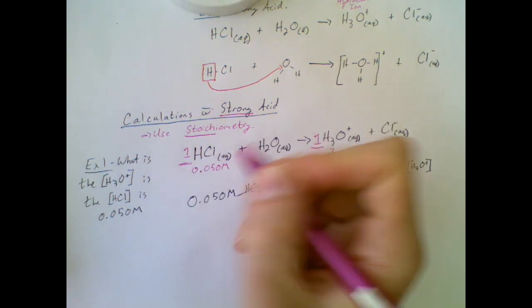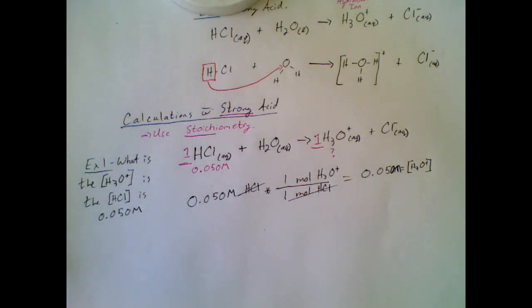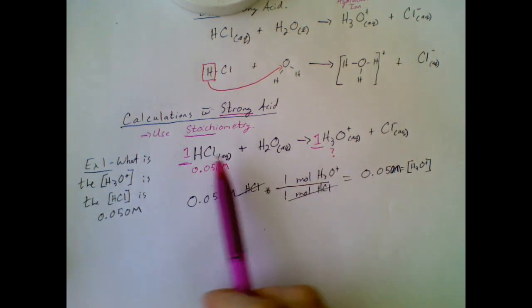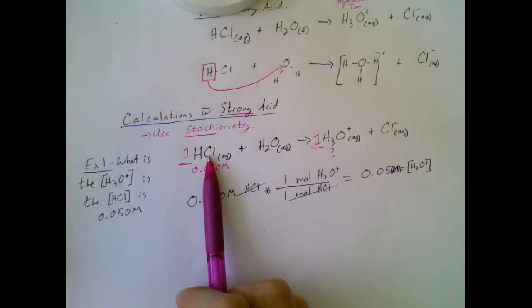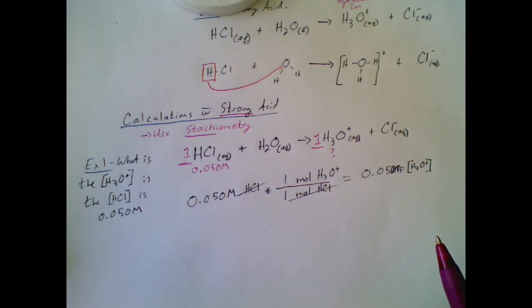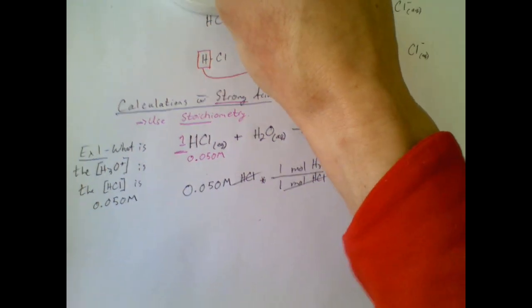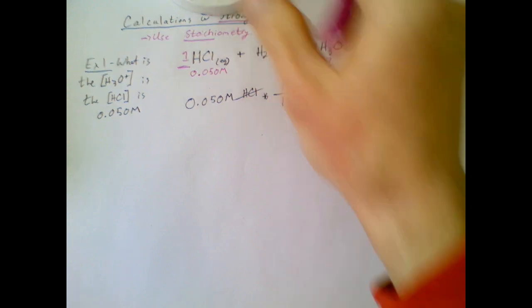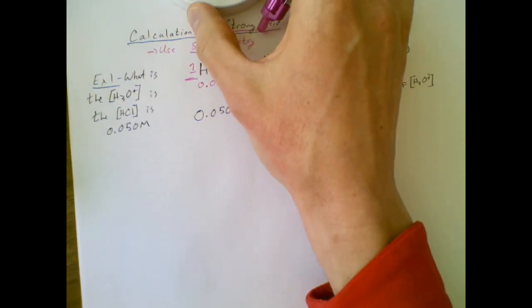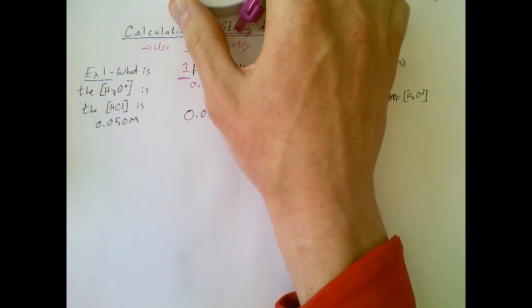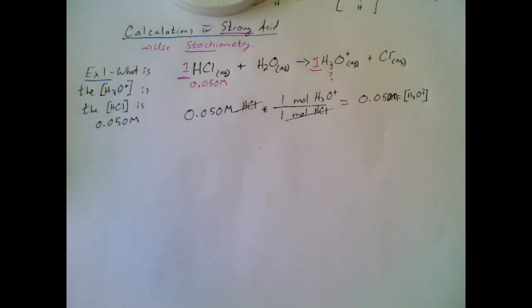Every single time, you're going to get a 1-to-1 ratio, and because of that, your concentration of hydronium is always going to be the same as the concentration of acid. So ultimately, working with a strong acid is relatively easy. You don't really need to do a ton. You just have to use stoichiometry, and because it's a 1-to-1 ratio, it's easy stoichiometry.